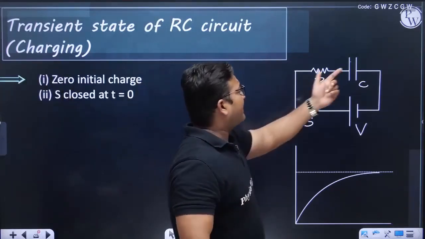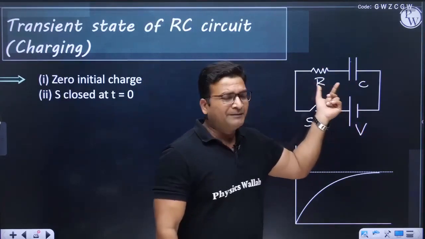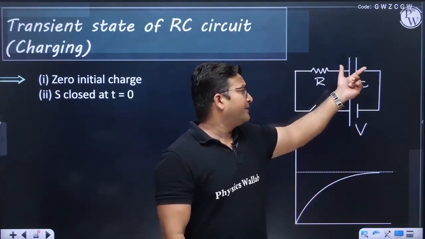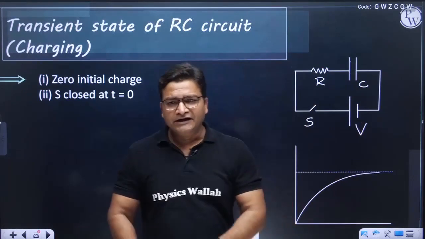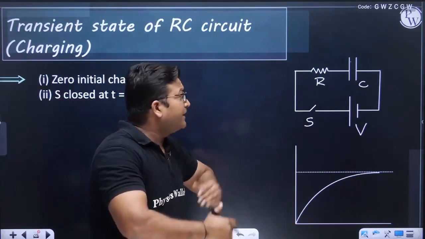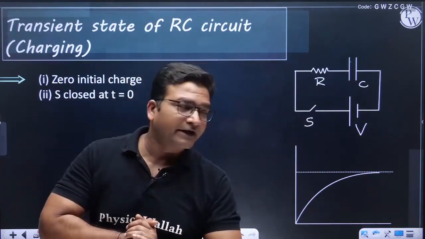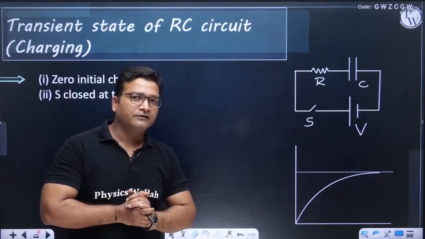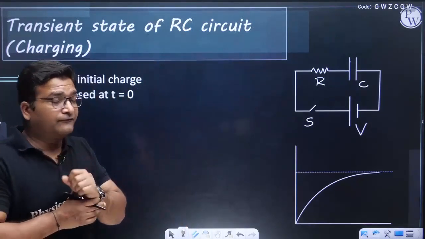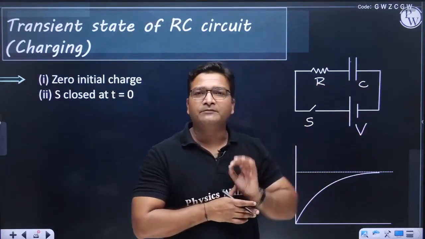Whenever you connect a capacitor with a voltage source without a resistance, initially almost infinite current flows, and instantly the capacitor is charged and current stops. This is what happens when a capacitor is connected to a battery.